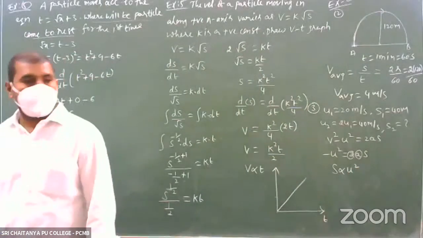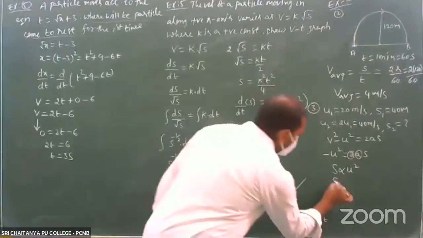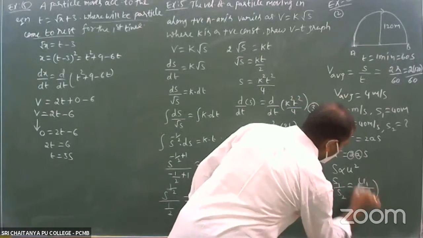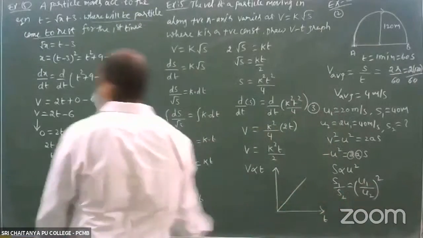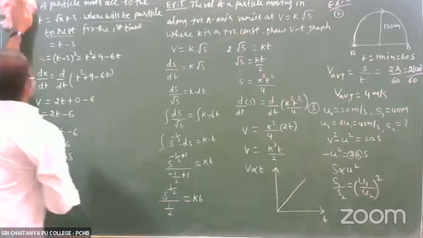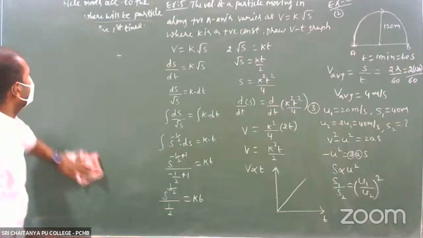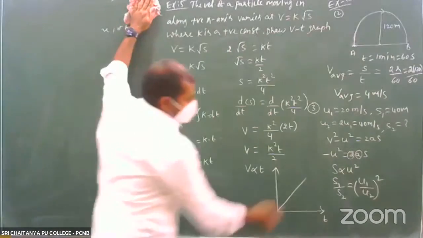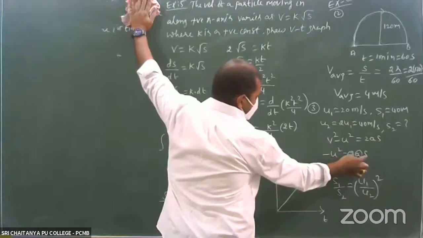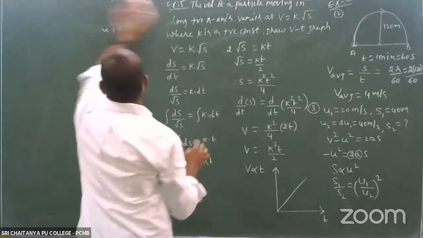Take s1 by s2 is equal to u1 by u2 whole square. From that we can find s2.